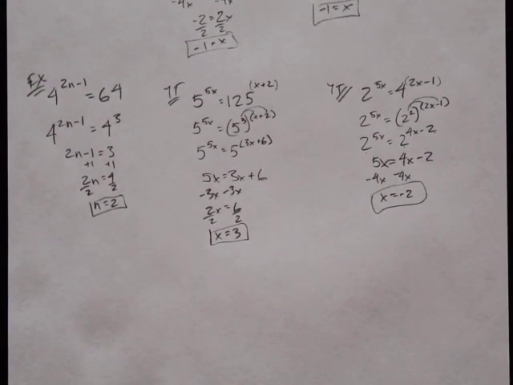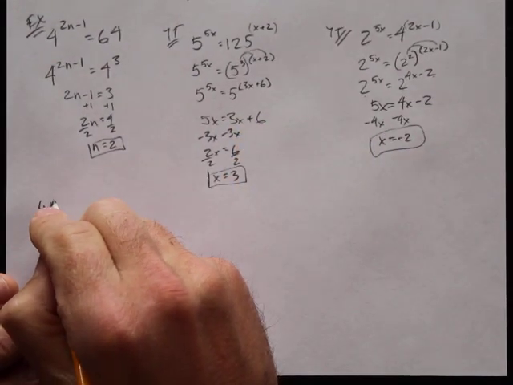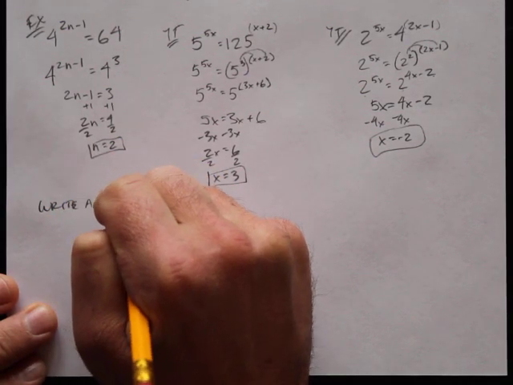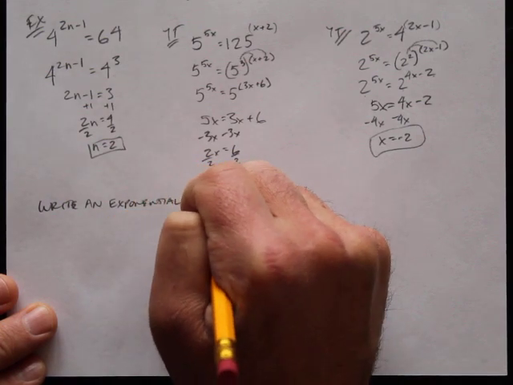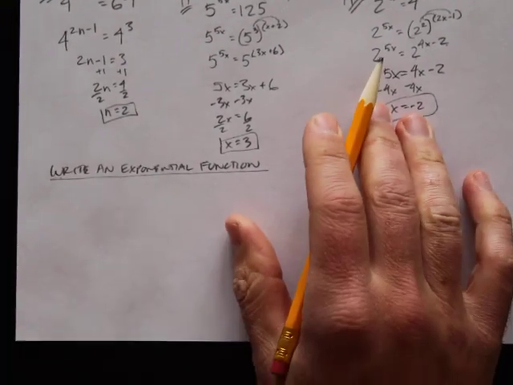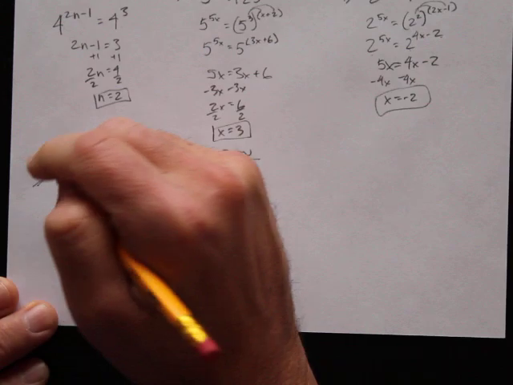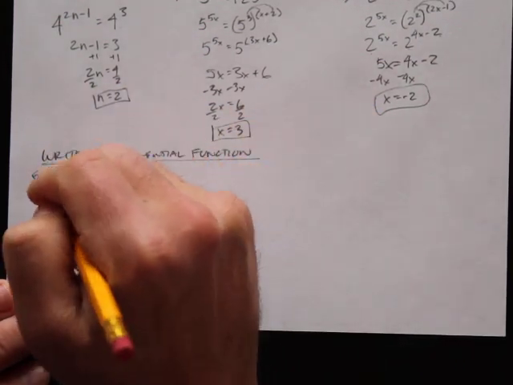All right, next thing we're going to do here is write an exponential function. Okay, here's an example. We're going to start with 7,500 bacteria cells.